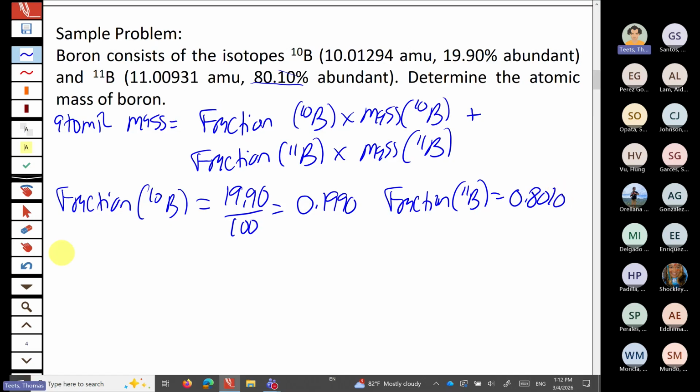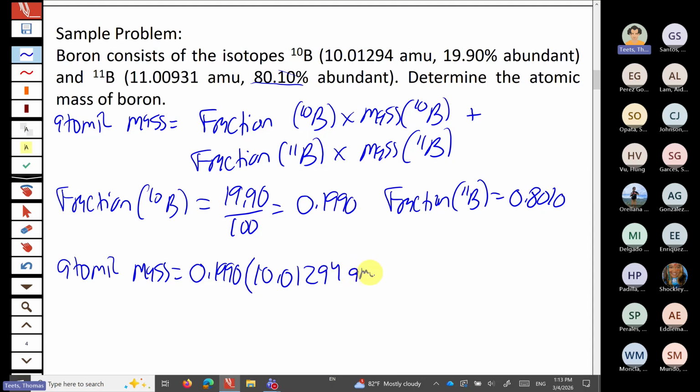And then finally, to answer the problem as stated, we just have to calculate the atomic mass by putting the numbers in. So the fractional abundance of the first isotope we said was 0.1990, and its mass is 10.01294 AMU. So again, not exactly equal to the mass number, but close.